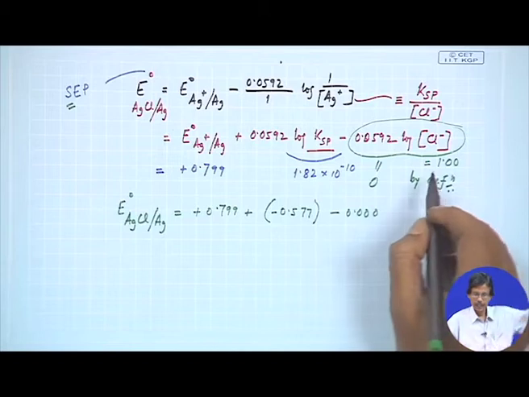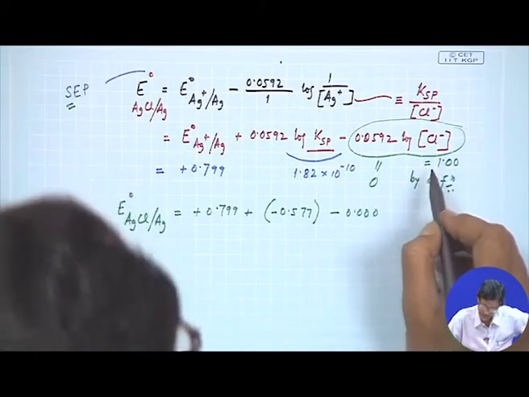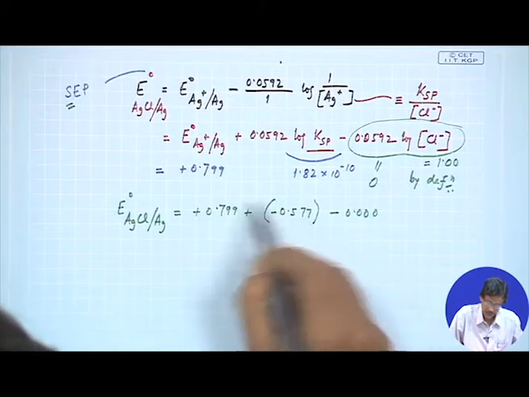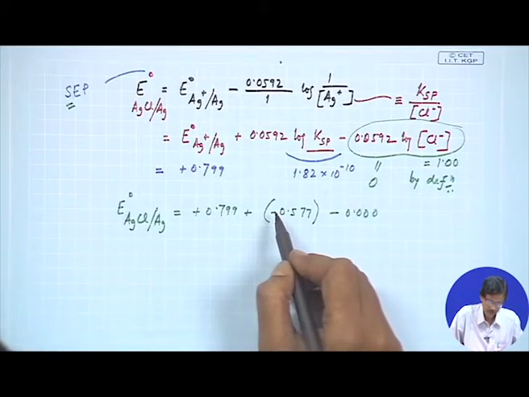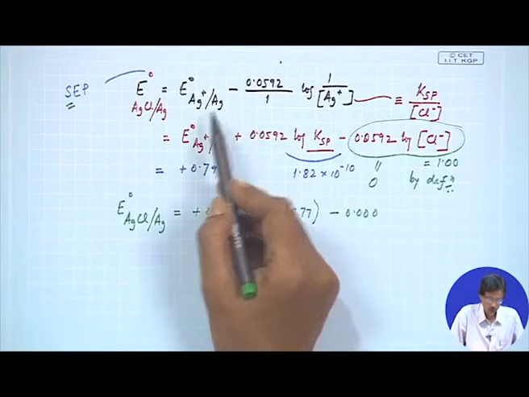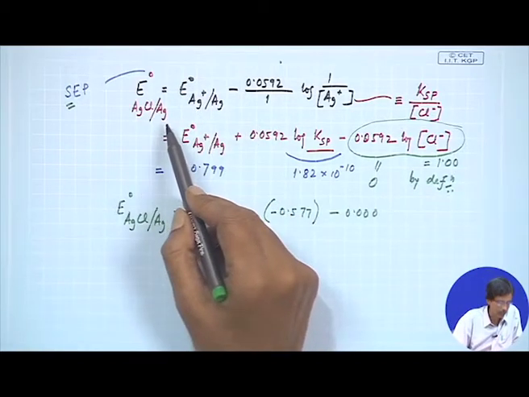So, in this standard situation, this is the correction we get by moving from the silver ion to silver electrode to the silver chloride to silver electrode.